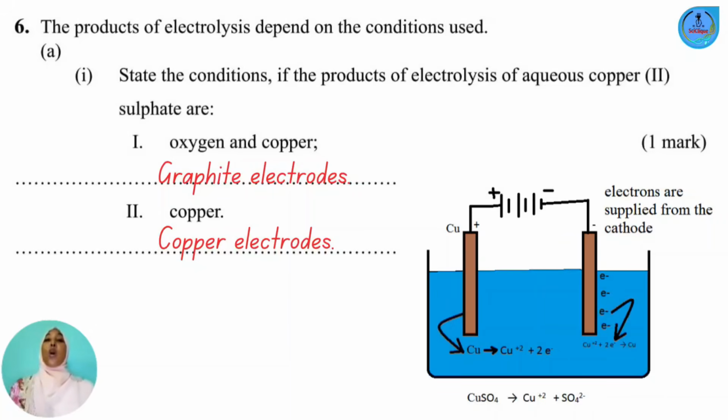It's going to be the copper atoms that will be preferentially discharged. So they will lose electrons, go into the solution to form copper ions. At the cathode, copper ions in the solution will gain electrons and be deposited as copper atoms on the cathode. So essentially, you will just have copper being deposited on the cathode. No discharge of hydroxide ions and therefore no oxygen gas.